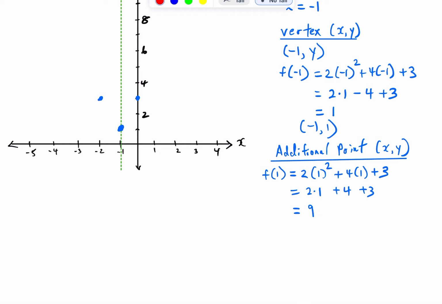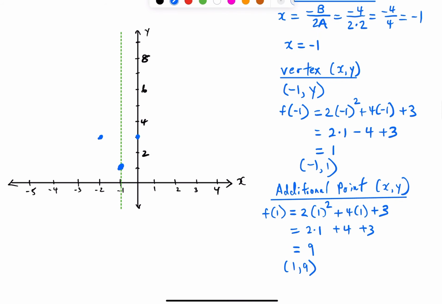So now we know that when x is 1 as my input, my output comes out to be 9. So my additional coordinate that we're going to plot is going to be 1, comma 9. So then we can go ahead and plot that point at 1, comma 9, which is right here.